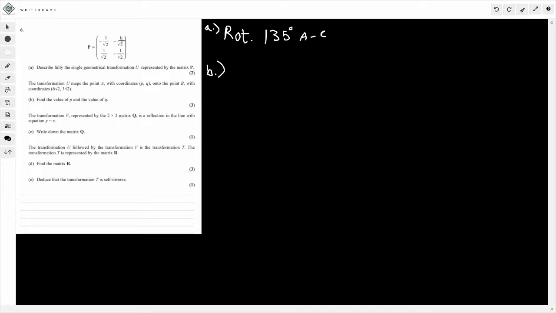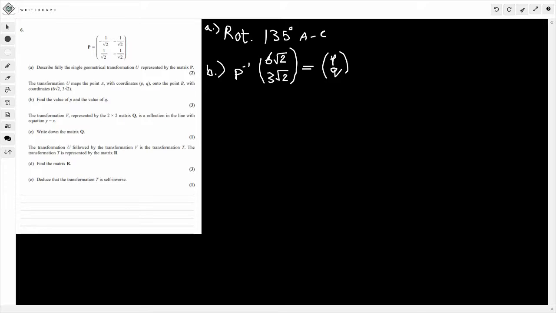If I take P inverse and multiply it by these coordinates, represented in matrix form as 6 root 2 and 3 root 2, this is going to be equal to the point P and Q.